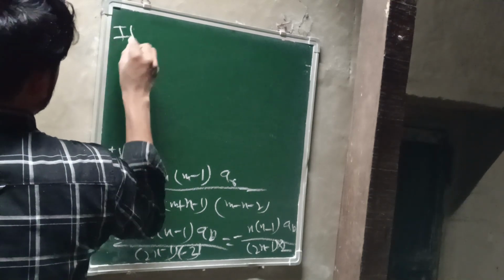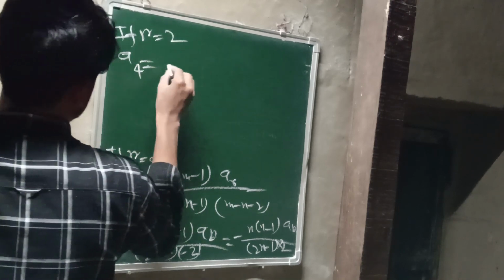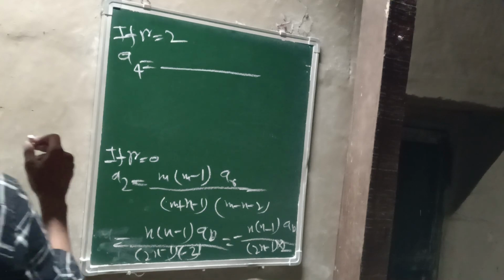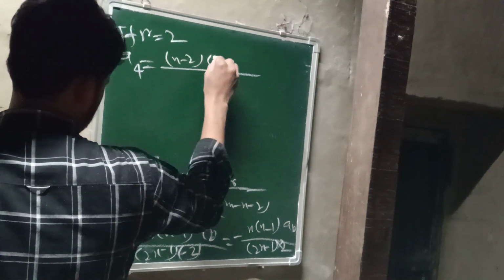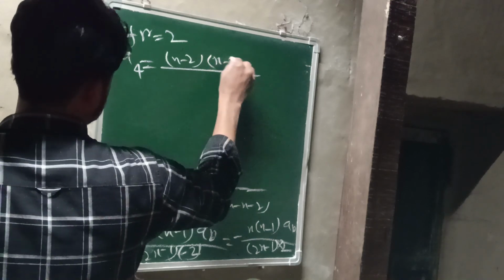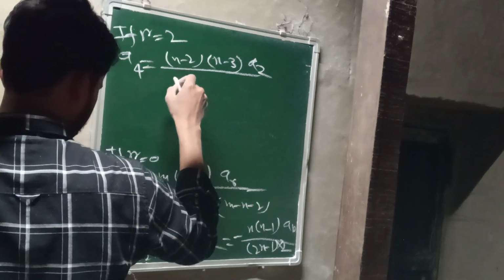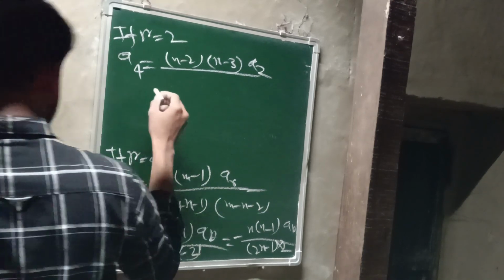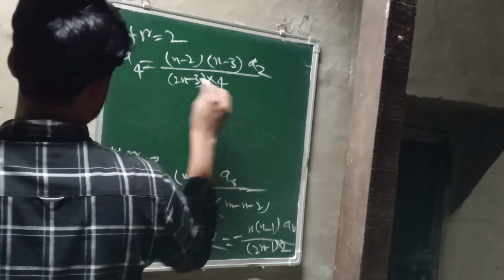Now if r equal 2, then a4 equal (n minus 2)(n minus 3) a2 divided by (2n minus 3) into 4.